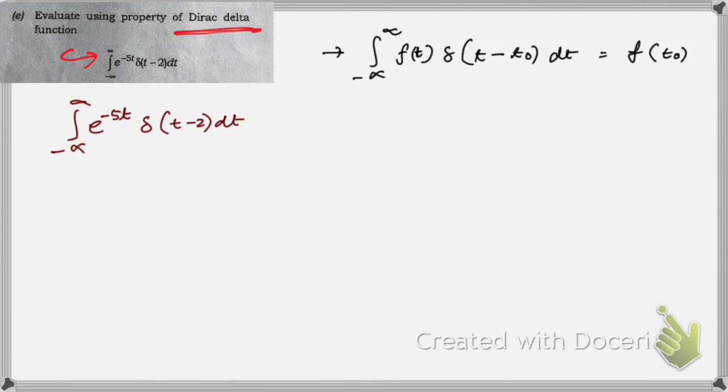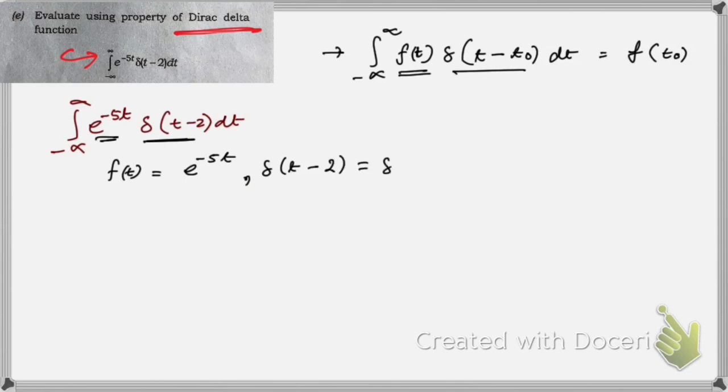Comparing, f of t is equal to e to the power minus 5t, and delta of t minus 2 is delta of t minus t naught, so t naught is equal to 2 here.